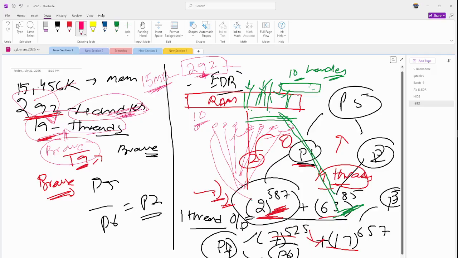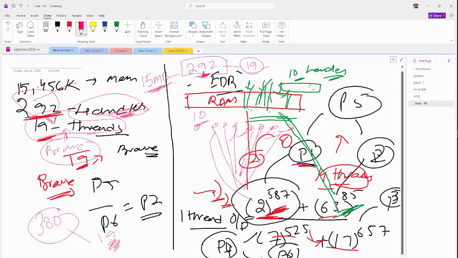So these are like your horses. Let's say these are 292 horses you are running, and you have 19 drivers here. Let's say for example you have 380 horses here, and 19 drivers or riders who are running that.